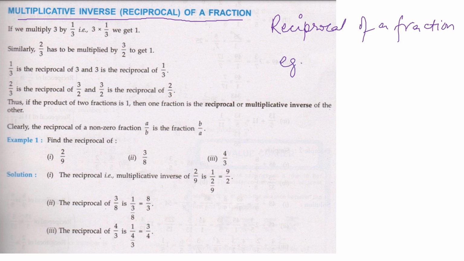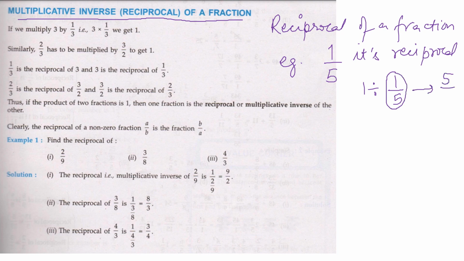For example, if I write 1 by 5, its reciprocal means 1 divided by 1 by 5. So the reciprocal of 1 by 5 will be 5 by 1. Getting the concept? Reciprocal of 2 by 3 will be 3 by 2. Okay. Is it clear to you?